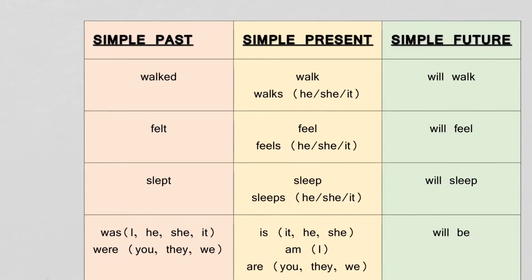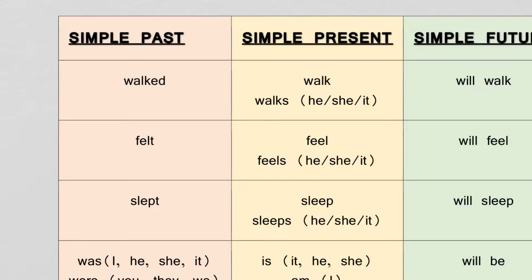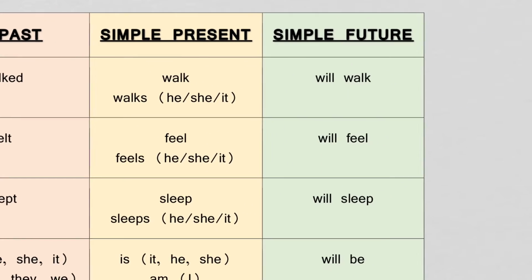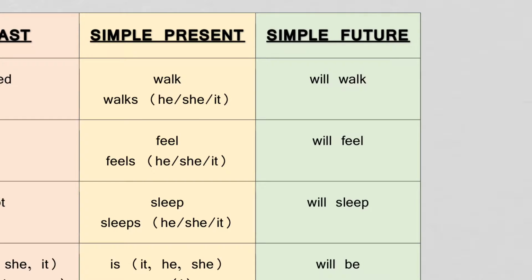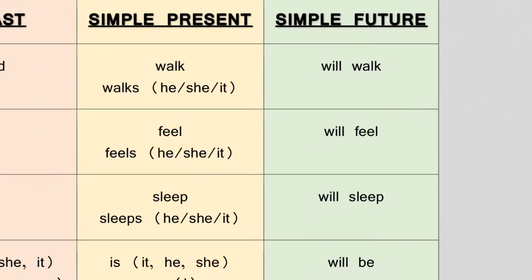So when you look at a regular verb, you think, oh, well, to turn it into the past tense, I just add ed onto the end, right? W-A-L-K-E-D. And in the simple present, in the present tense, I just have walk without the ed at the end. And in the future, I just add the word will in front, will walk.